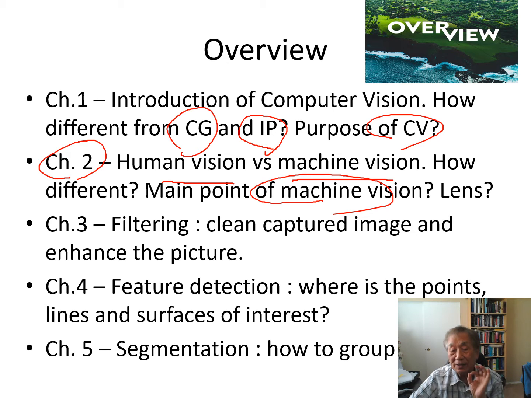Something very distinct about machine vision is that when you take a picture using a camera with a lens, it is invariably monochrome, meaning mono view, just a single picture. The human eye has stereo vision. Why? We've got two. So modern computer vision is getting more of a three-dimensional stereo vision type of effect.